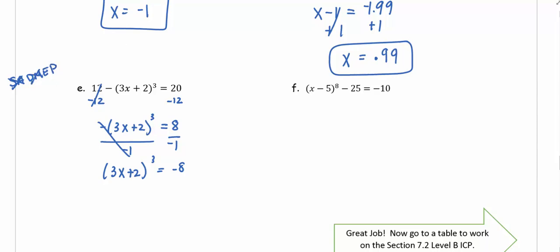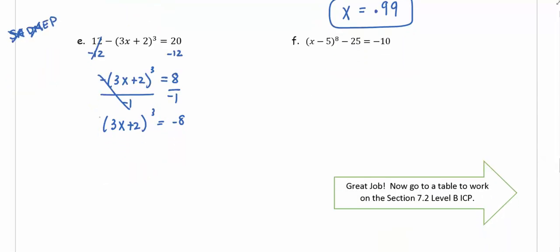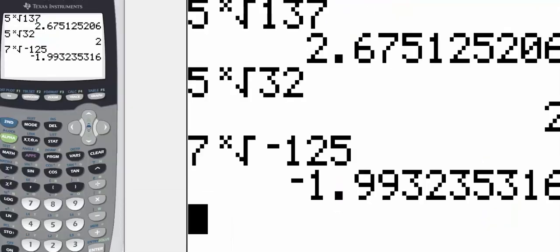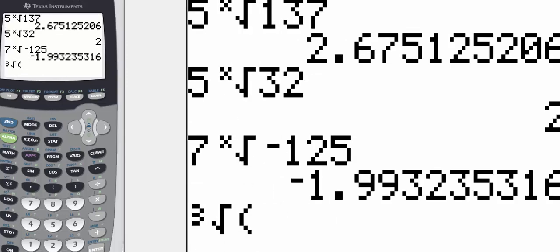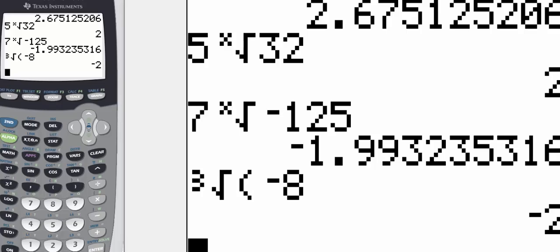Then the next step is my exponents. I have a power of 3, so I need to take the third root of both sides. So I've got 3x plus 2, and then I'm going to take the third root in my calculator. I'm going to hit the math button. There's actually a special third root button, that's number 4, of negative 8, and the answer is negative 2.